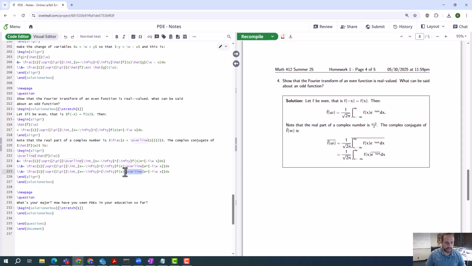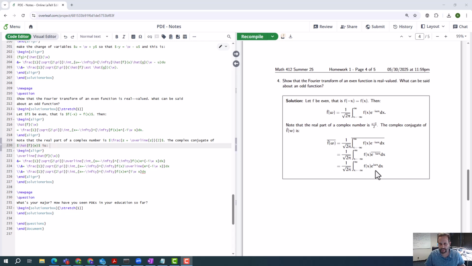So I can have the complex conjugate there. We're going to take that away. And so we're going to have this. Okay, now what I think I want to do, I need to somehow use the fact that it's even, of course.